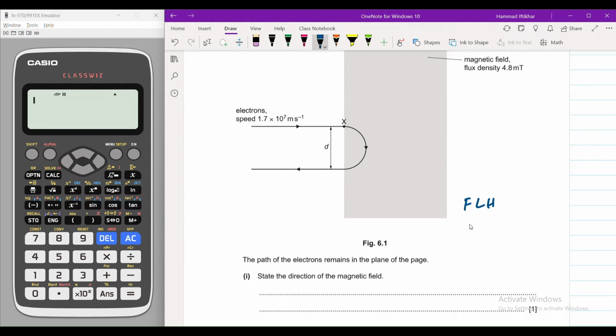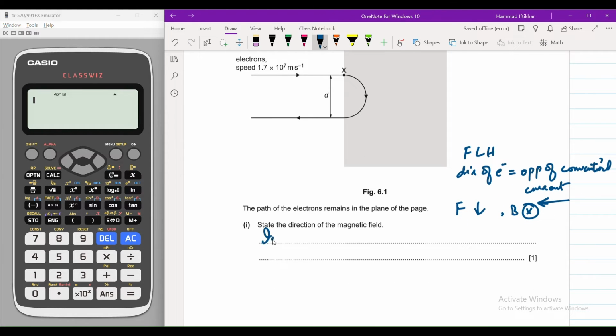The direction of electrons is the opposite of conventional current, which is towards the left. So the direction of current that we have to take is opposite. The force direction is downward, so this means that the B field is into the page.